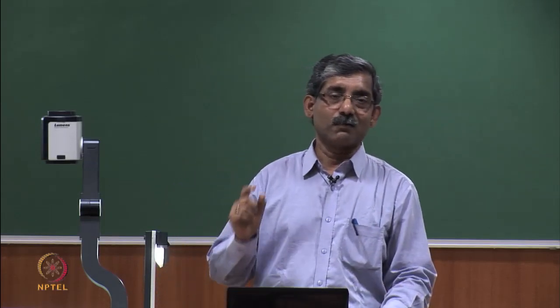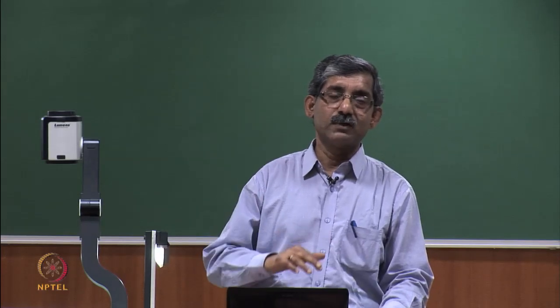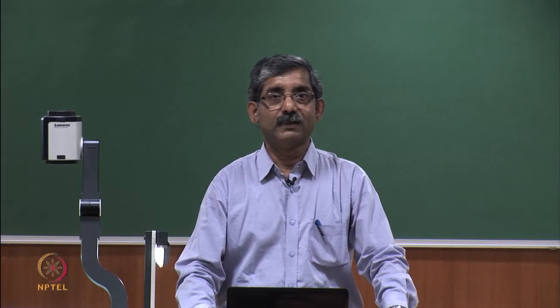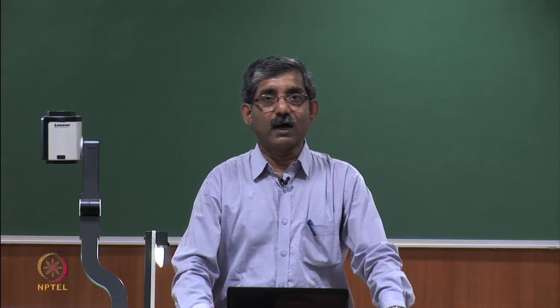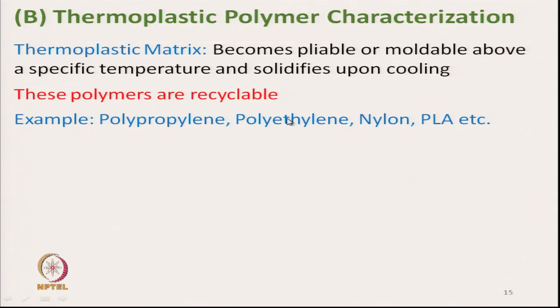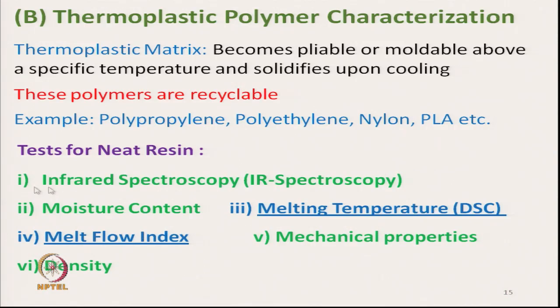That means the thermoplastic matrix we can reuse repeatedly, that is, these polymers are recyclable. The examples are polypropylene, polyethylene, nylon, PLA; these are polymers which are thermoplastic in nature. So, the tests are here: IR spectroscopy, as we have discussed earlier, moisture content, melting temperature which is measured by DSC.